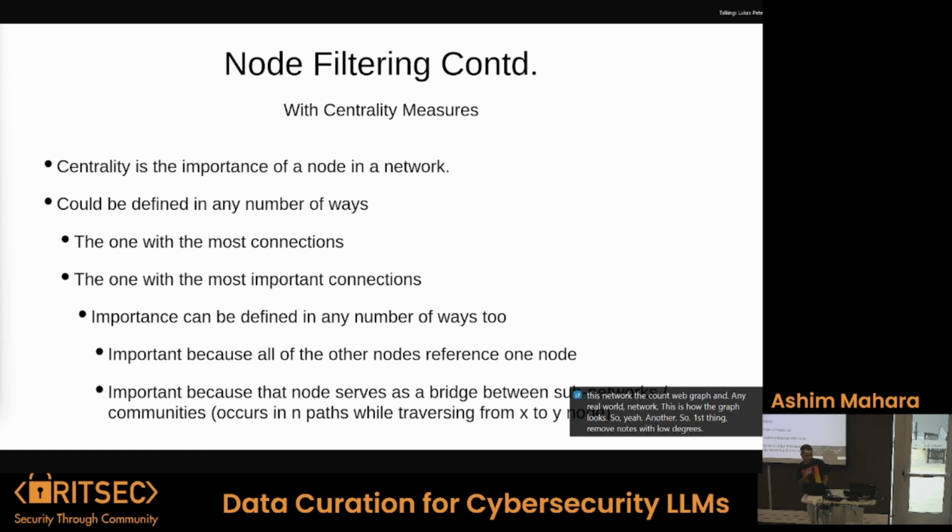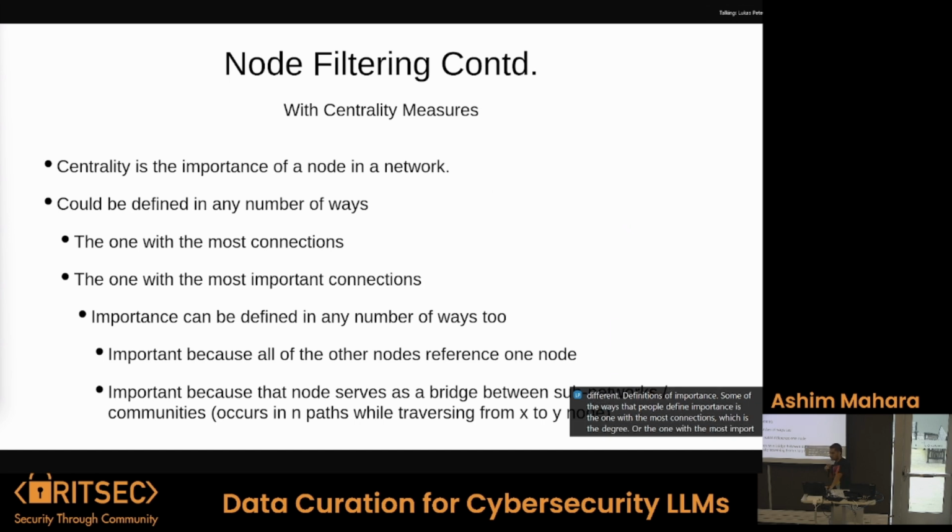Second part of the node filtering: now I deal with centrality measures. Centrality is the importance of a node by definition, and it's actually ill-defined because different people may have different definitions of importance. Some define importance as the node with the most connections, which is degree centrality, or the one with the most important connections.